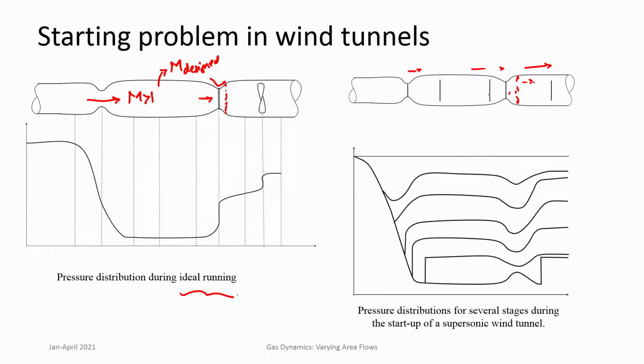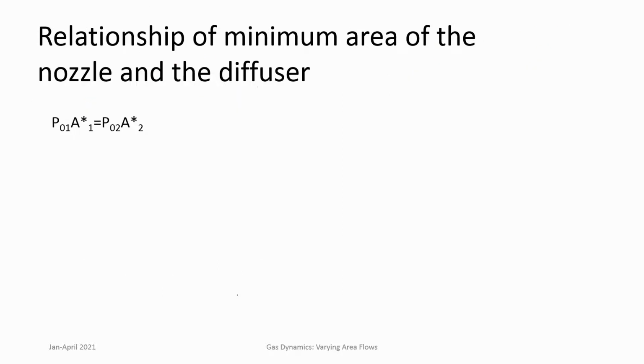To ensure that this shock does not stand in the test section, okay, this is known as starting of the wind tunnel, or a started wind tunnel. To ensure that, we have to see that the area of the diffuser is higher than that of the nozzle, but the exact conditions can be calculated. Okay. So, this is a very important point in the operation of wind tunnels.